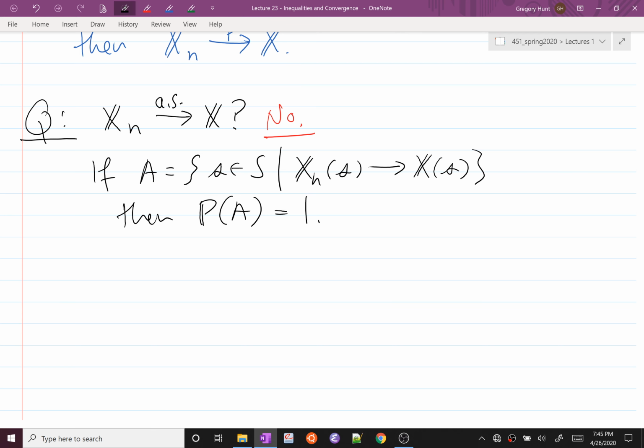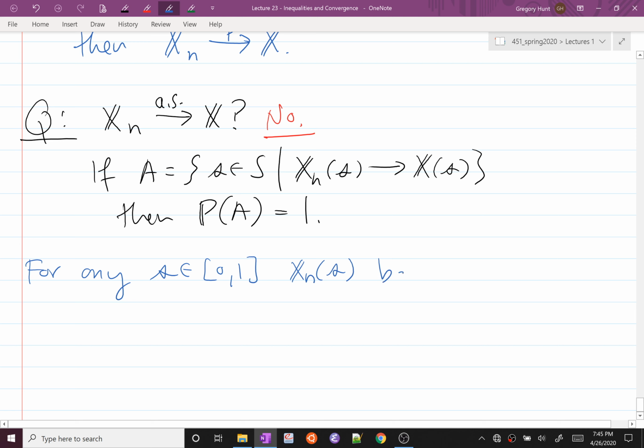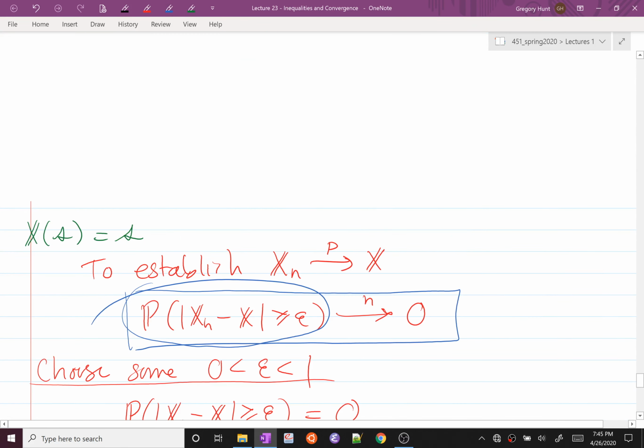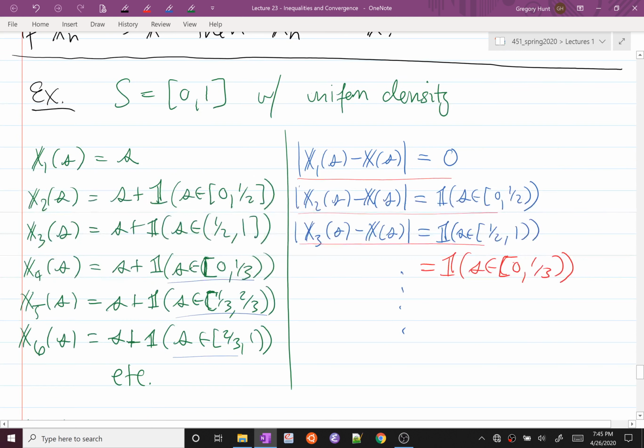If we consider any s in my interval, xn of s bounces between s and s plus 1. What do I mean? If I picked, say, s as 1/3, let's go back up to our definitions.